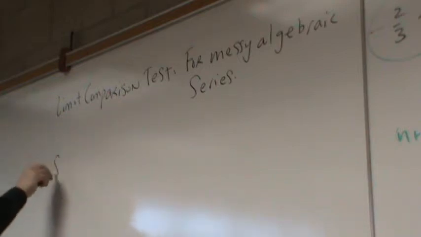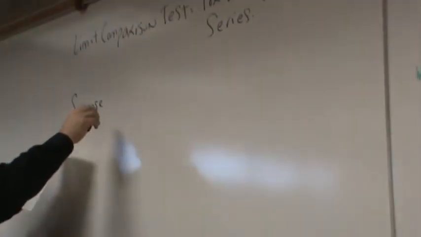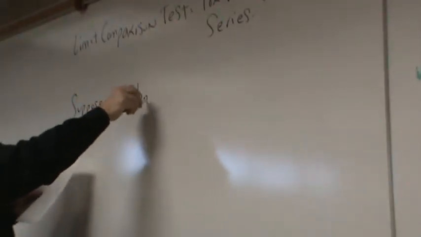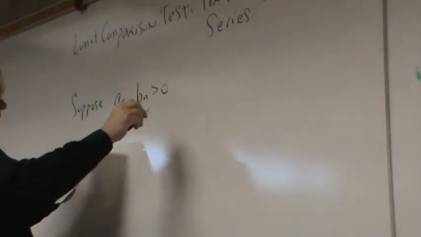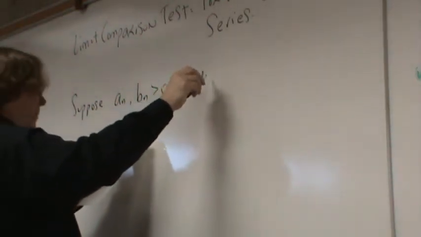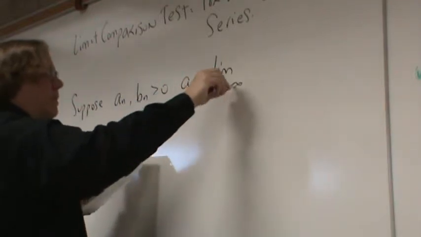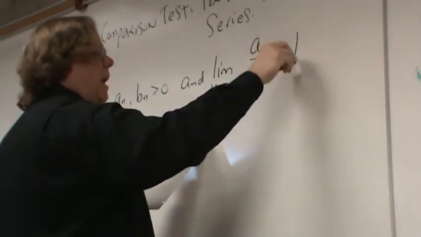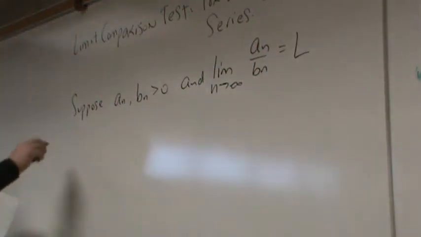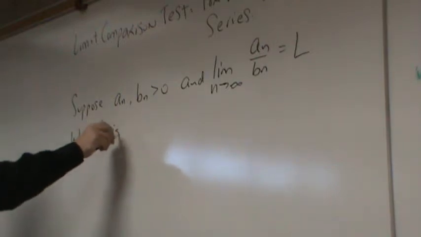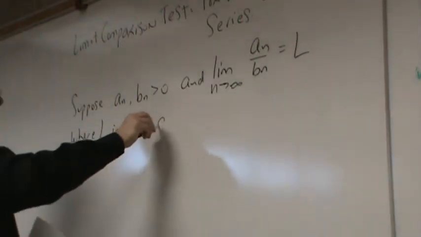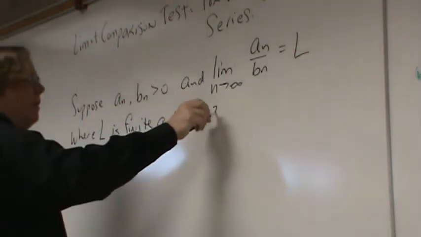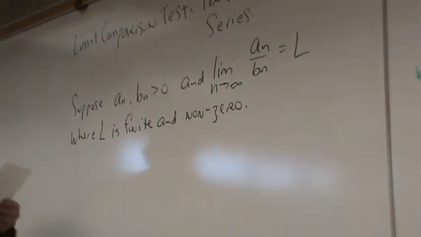Suppose A sub n and B sub n are greater than 0, and the limit as n approaches infinity of A sub n over B sub n equals L, where L is finite and non-zero. So L has to not be infinity, and it can't be 0 either.